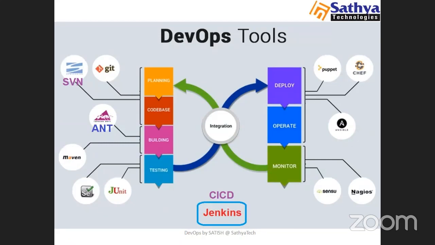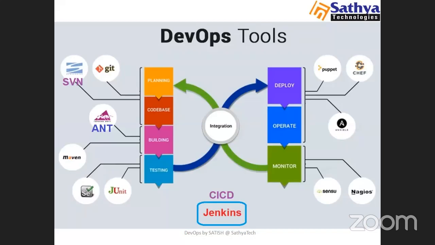SVN and Git, for repositories. Next, Ant and Maven, for code building. Selenium and JUnit, for testing purposes.